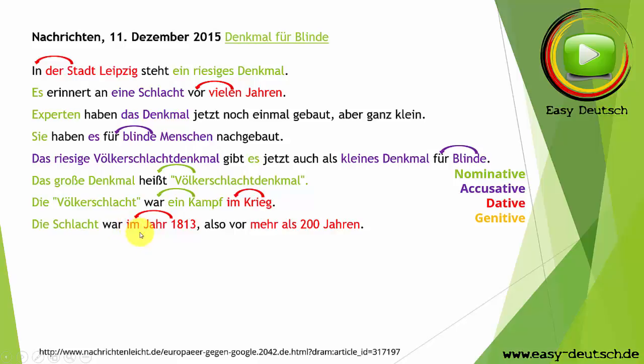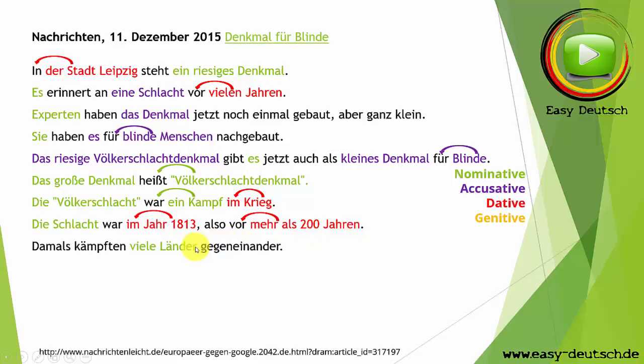And if you think about the time and the battle, that's not the same, so different cases. And the second one here, vor mehr als 200 Jahren, it's dative case due to the vor, that's a preposition, temporal here, so always dative case. You can see it's important here with the n at the end of Jahren.